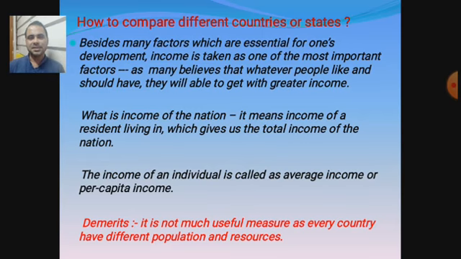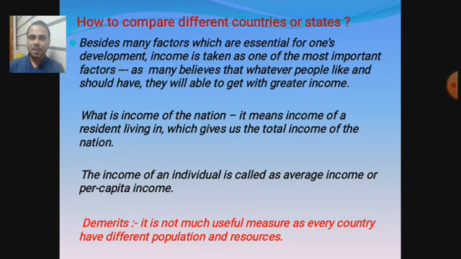These are complementary. Think in this way: we are almost 145 crore people living in our country, and whatever these people are earning, or whatever income they have, it is the income of the nation, or whatever income our nation has, it means the income of the people living in our nation.